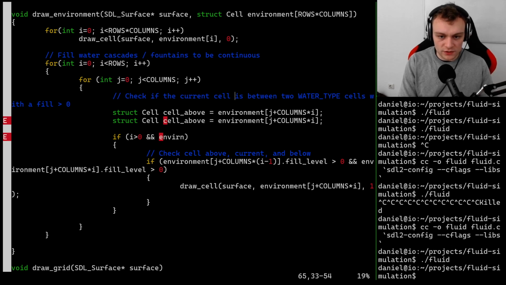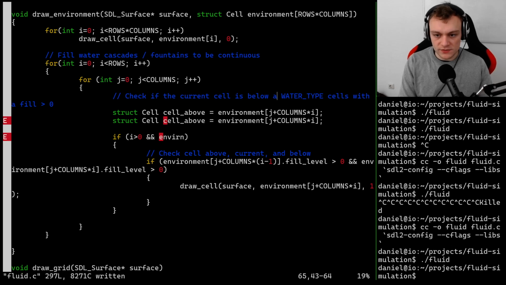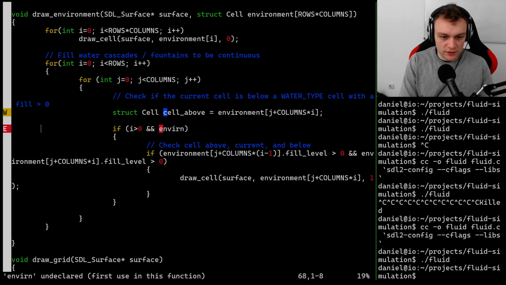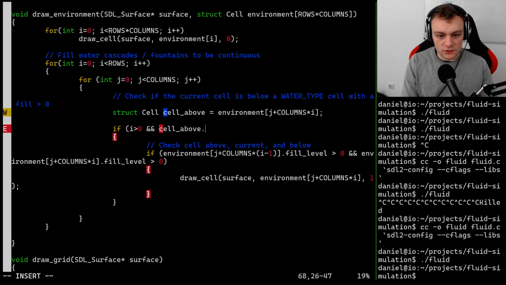Check if the current cell is below a water type cell, not between two. We just need the cell above, I think. So we check that cell above dot type is equal to water type.